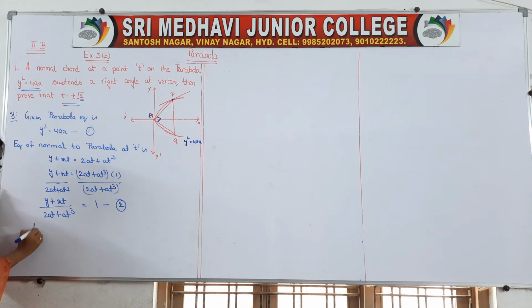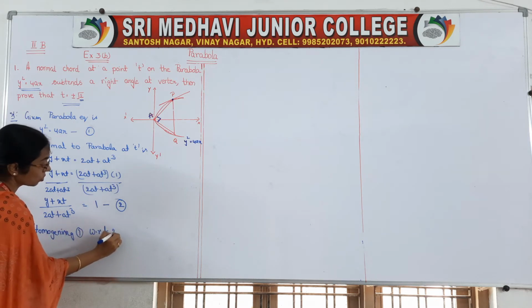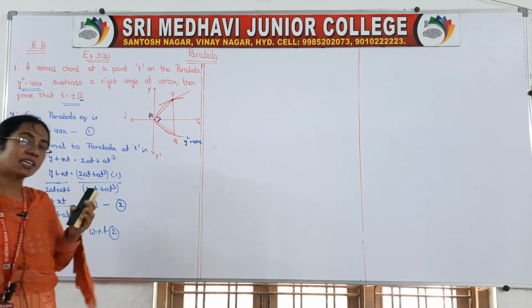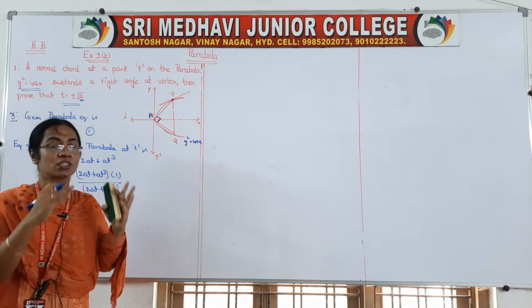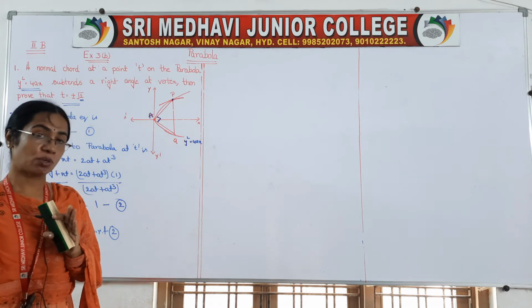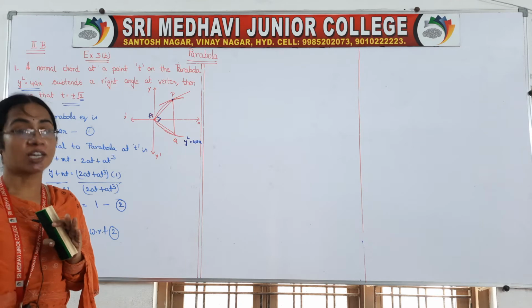Now, homogenizing equation 1 with respect to 2. We are homogenizing the curve with respect to the line equation. Then what is the procedure? I said while doing the homogenization, the x square term and y square term will be as it is, the x term into 1, the y term into 1, and the constant term into 1 square.